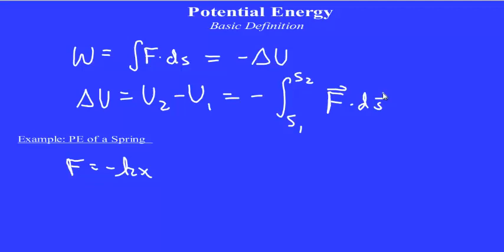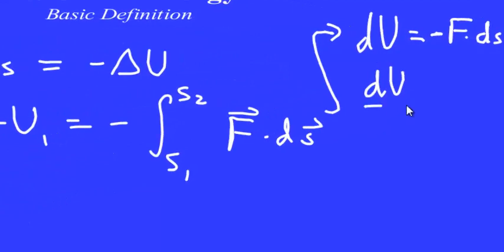And then one more way here is, if we integrate over one displacement to another, for example, an infinitesimal displacement ds, we get an infinitesimal change in potential energy dU. We can rearrange this to see that the force is related to the potential energy by the negative derivative.